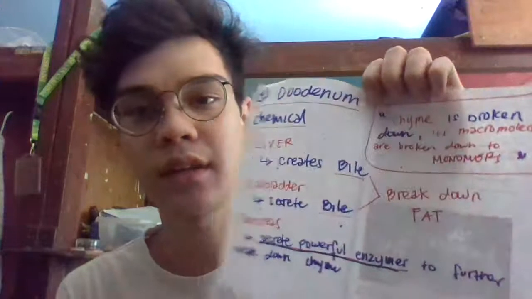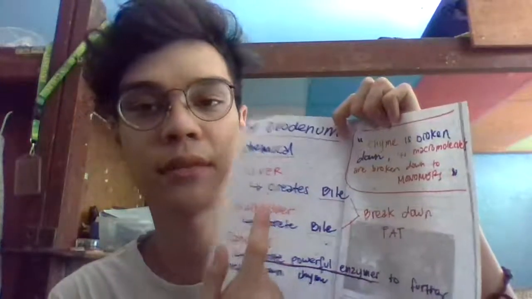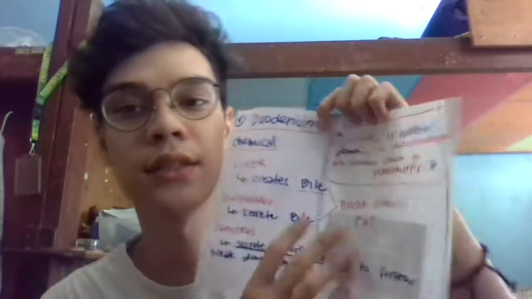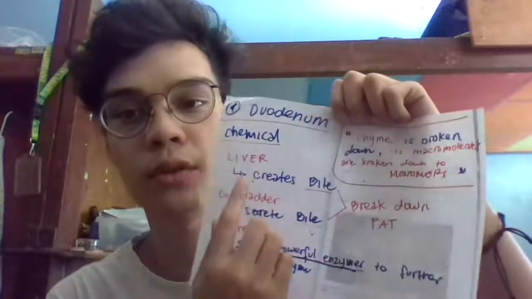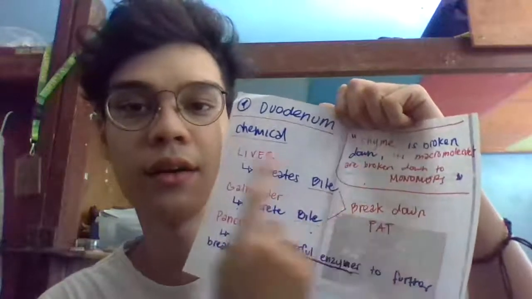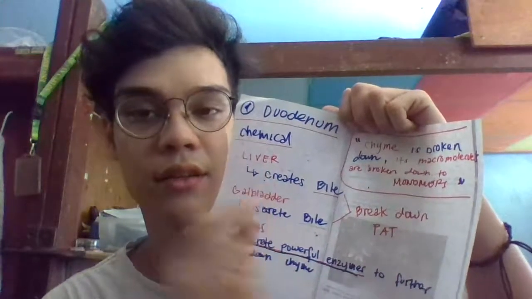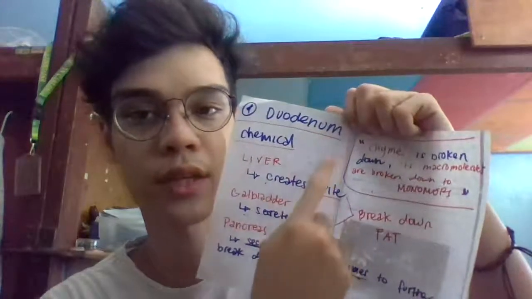Now, after the stomach, the chyme, actually chyme is the name after it's liquid. It was first bolus. Bolus is still solid. So it's produced chyme. Chyme is released from the stomach to the duodenum.